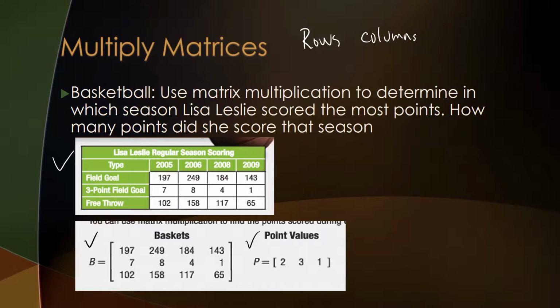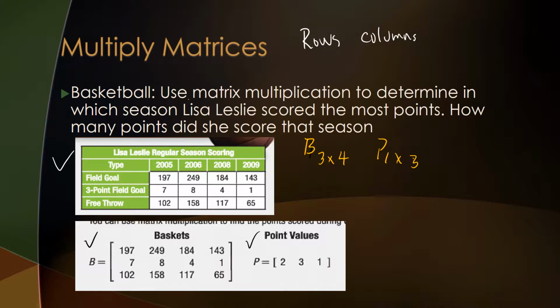Now let's think, okay, so matrix B, I've got, let's see, how many rows? Well, I've got 3 rows, and I've got 4 columns. And then in matrix P, we've got 1 row and 3 columns.